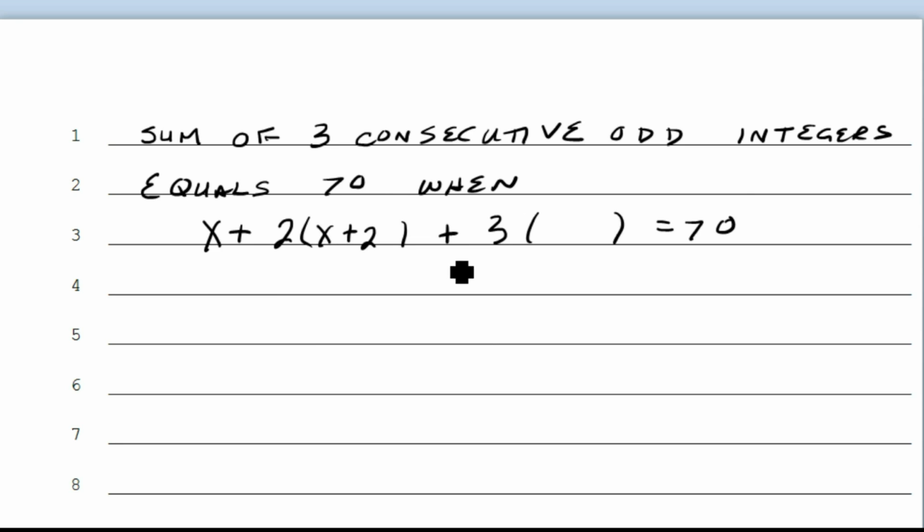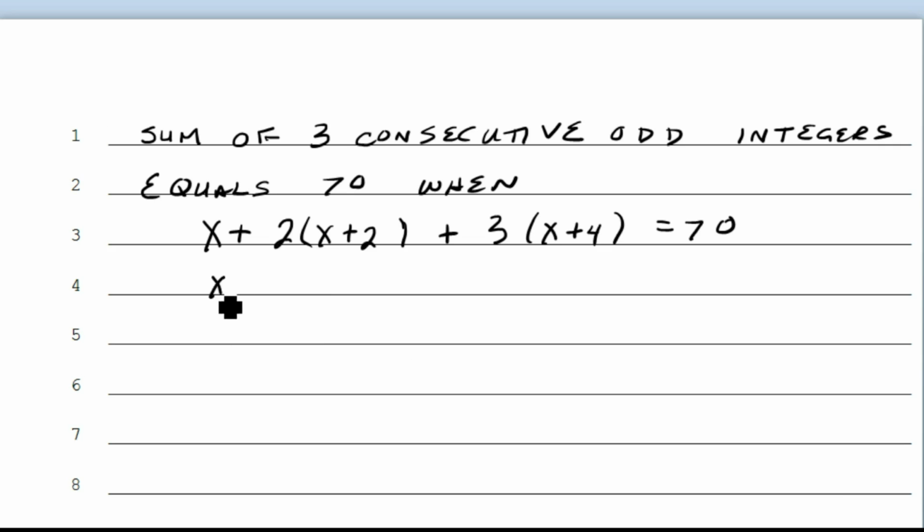And the third integer is 2 more away from the second, so it'll be x plus 4. Those are 3 consecutive odd integers: x, x plus 2, and x plus 4. x plus twice the next odd one, plus 3 times the odd one after that equals 70.